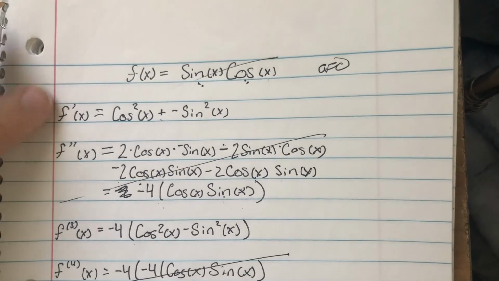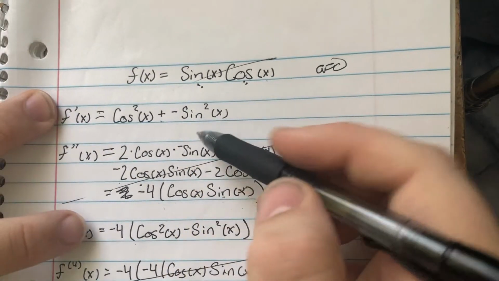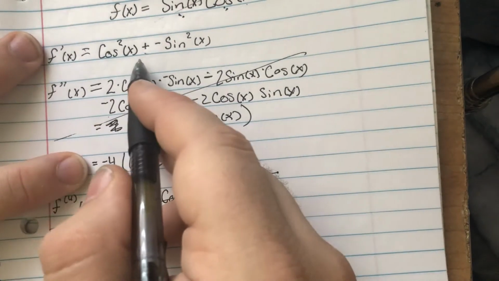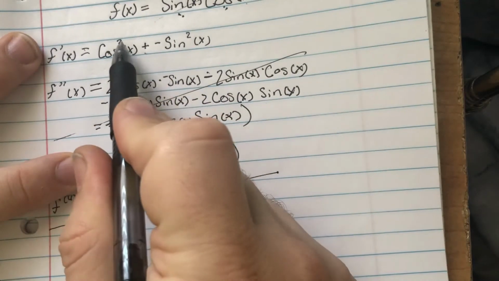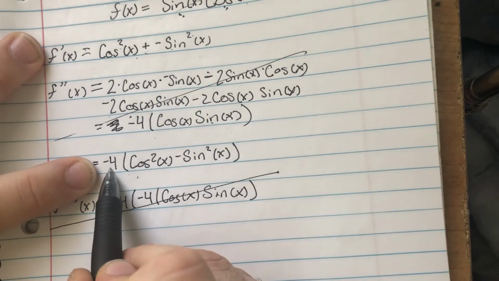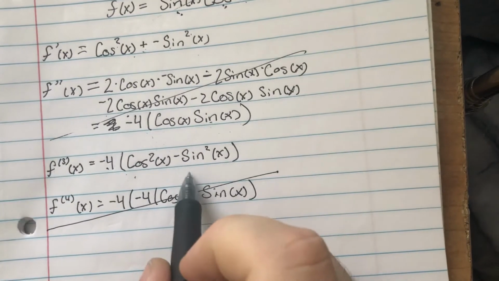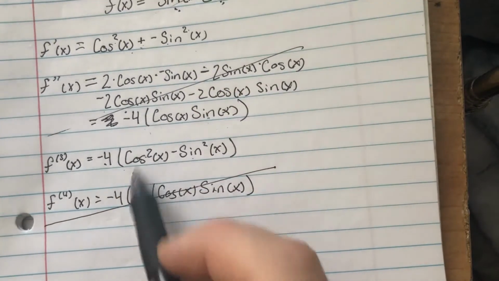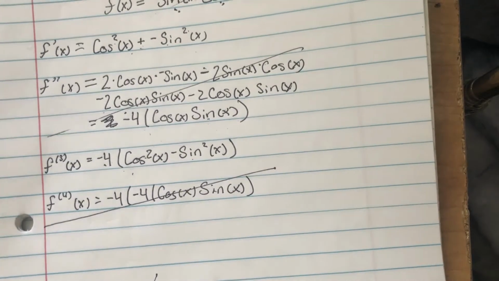So you can see we are going to just keep alternating between positive cosine squared of x minus sine squared of x, and then negative 4 times cosine x sine x, and it's just going to keep going up by multiples of 4.